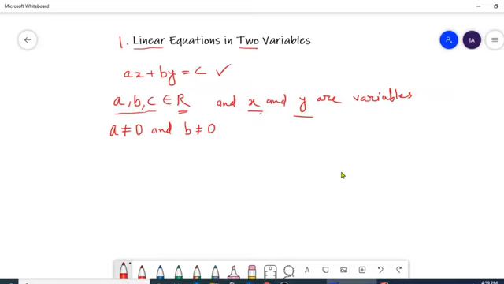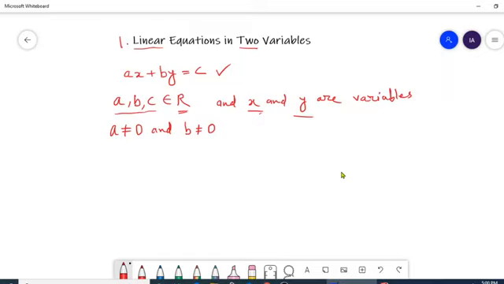Both a and b can be greater than 0 or less than 0, both possibilities are there, but they should not be equal to 0. So you need to remember that a should not be 0 and b should not be 0. Why?